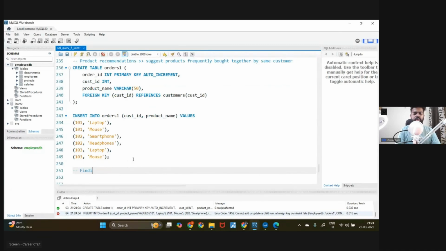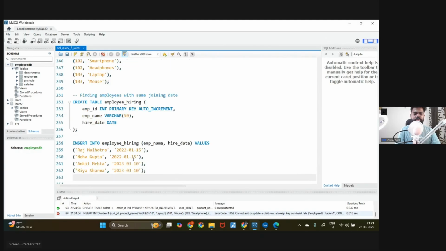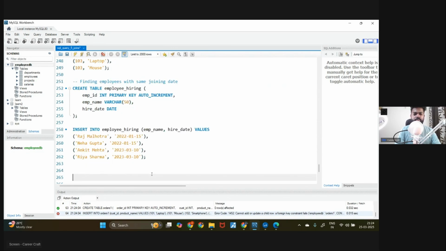Another question: finding employees with the same joining date. You can also try to do this based on this. Then we have another table, where the question is: find businesses that are both suppliers and customers.